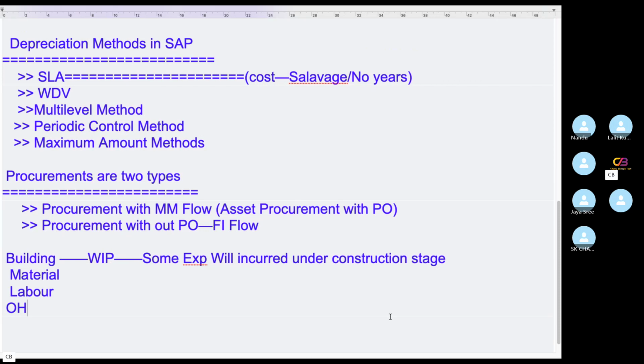So whatever expenditure is incurred at the under construction stage, let's say for AUC of the building, the total expenditure incurred is 10 lakhs rupees. Assume 10 lakhs rupees.